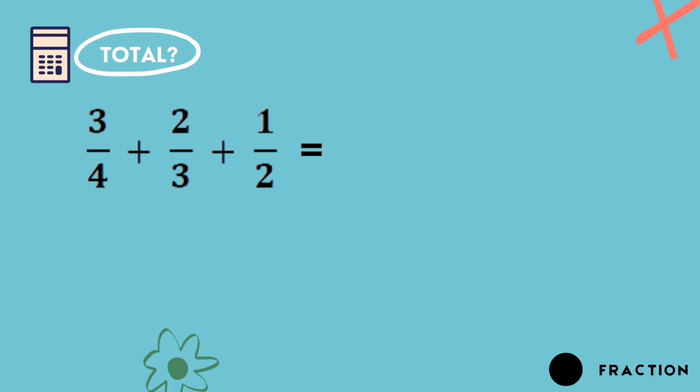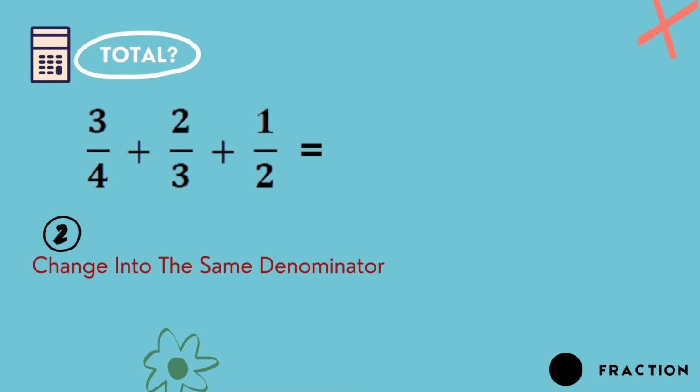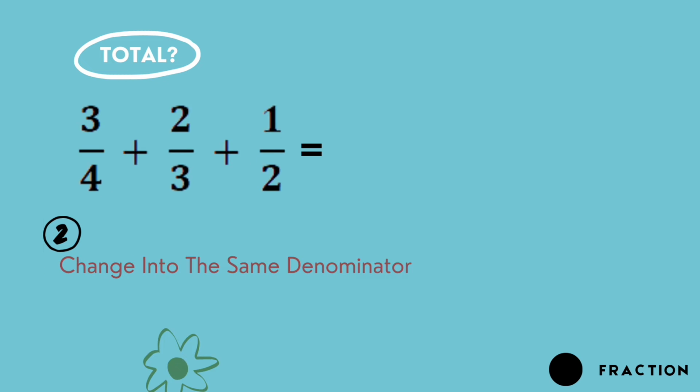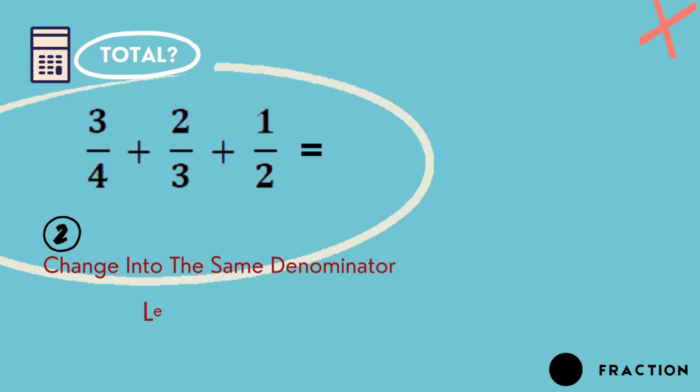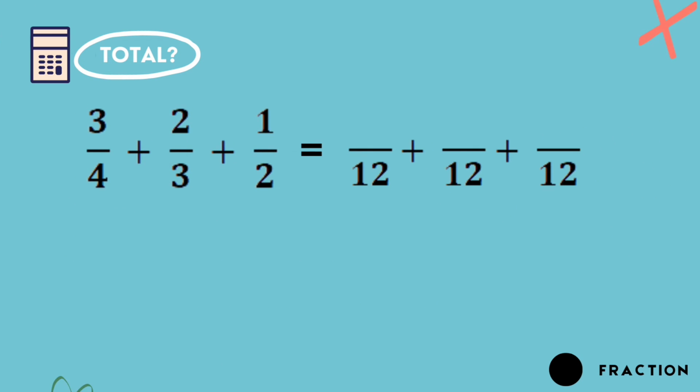Based on what is known previously, we add 3 over 4 plus 2 over 3 plus half. In step 2, we change them into the same denominator. On this step, we list the common multiple of 4, 3, 2, which is 12. And all the denominators will be 12.